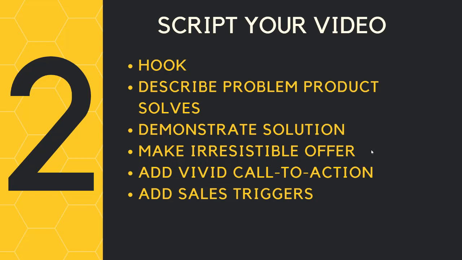Then you're also going to add sales triggers to your video, right? I'm going to be showing you those in a later slide, but there are things like scarcity and objection solving, like some of the objections that they might be thinking about in their head about your product. For example, you might be offering them a product and they're thinking in their head of an alternative solution.